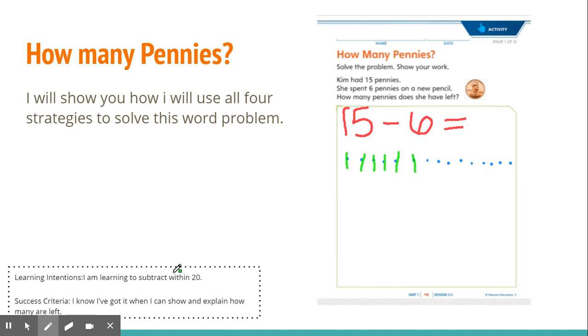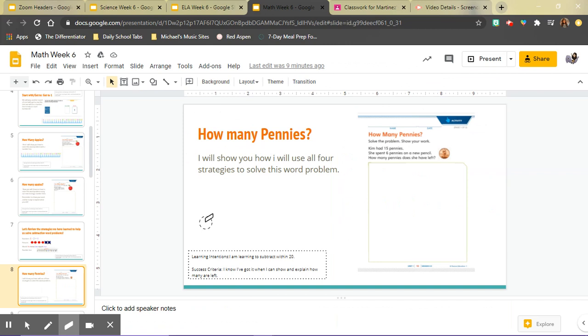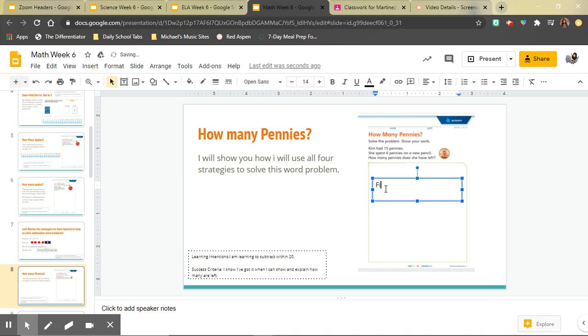The third way was using words. So if I wanted to use words, I could write 15 minus 6 is, and then write the answer.